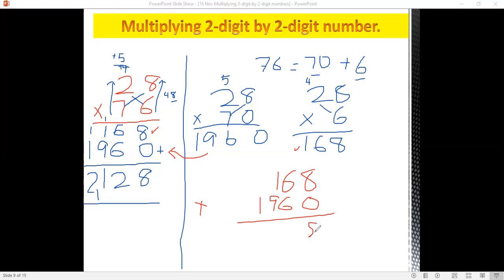So 8, 12, carry 1, 11, carry 1, 2. So if you notice, even if we use this method or this method, the answer is always the same. All right? I hope you understand this one. I will give you one more example so that you will understand.